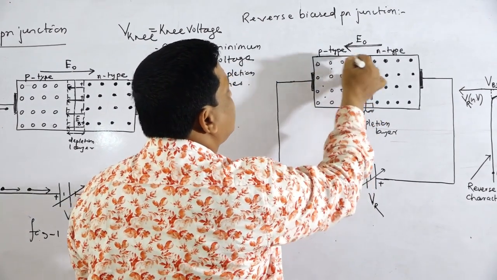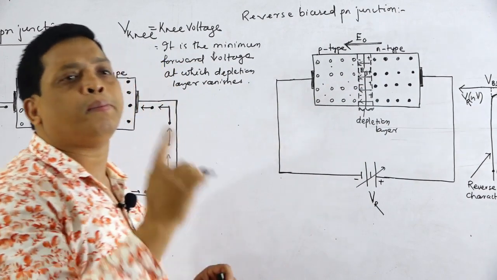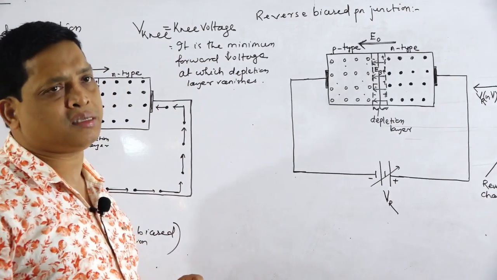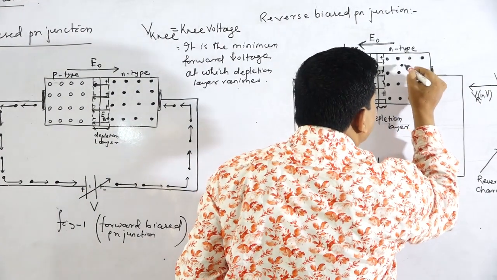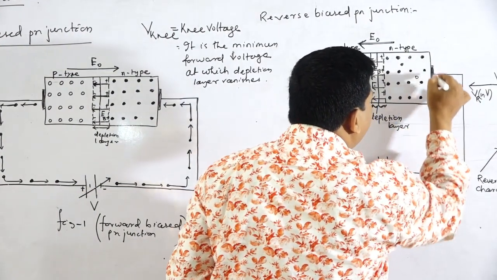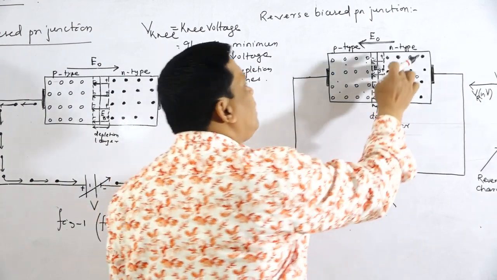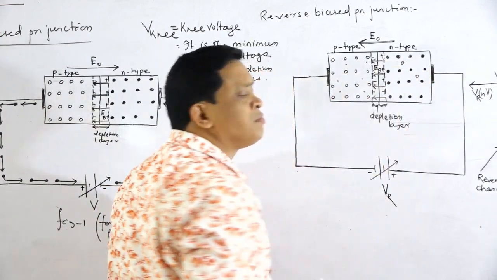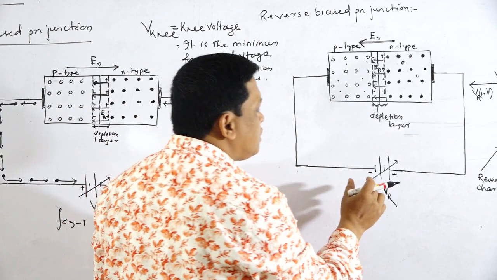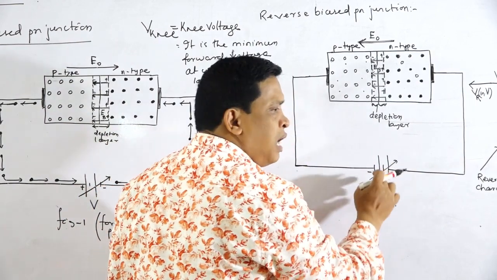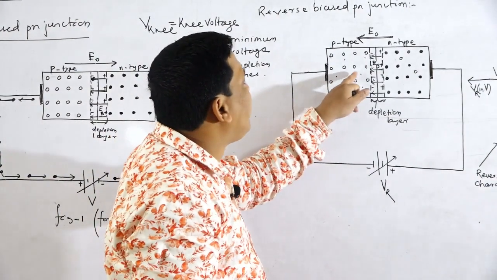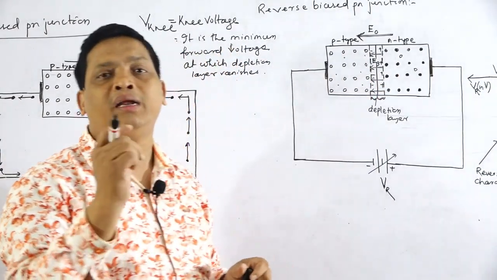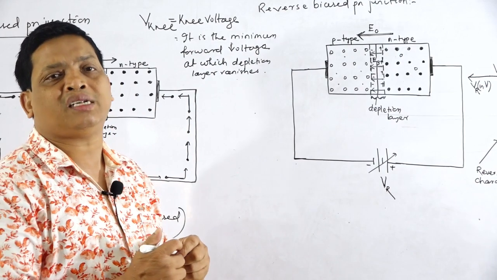A few holes are there in the n region, which are also minority charge carriers. So the reverse voltage acts like a forward voltage for these minority charge carriers.